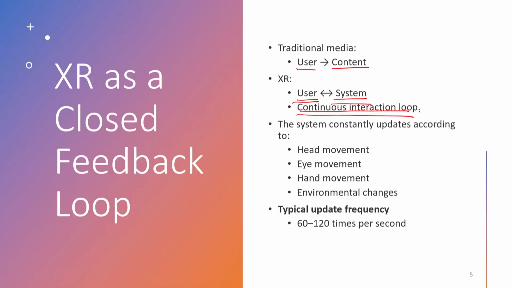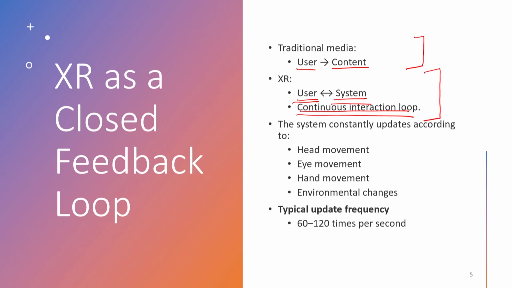This does not exist, for instance, when you are watching a series on television or you are watching some football match on television, okay, or you are watching a movie in a cinema hall. This kind of continuous interaction loop does not happen. So, in traditional media, you are not able to actually influence the content in any way, whereas in XR, you are in a continuous interaction loop such that what you do makes an impact on what happens next within the system.